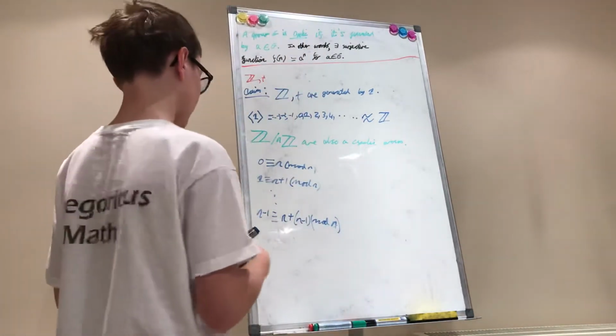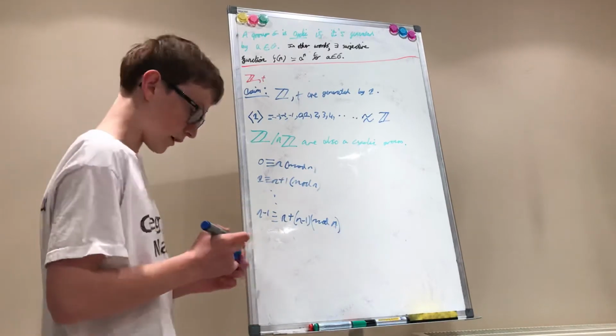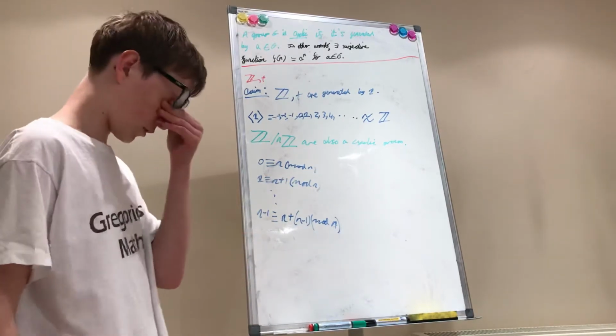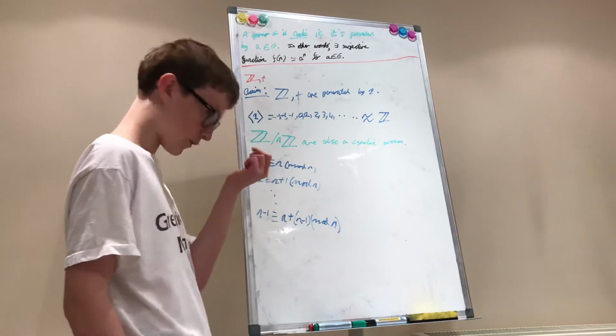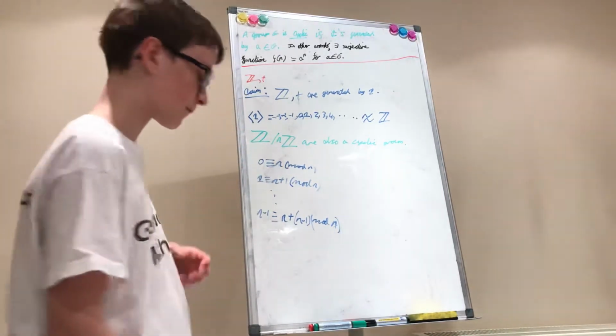And we can do this for the negatives. Negative 1 is congruent to negative n plus 1 mod n, and so on.